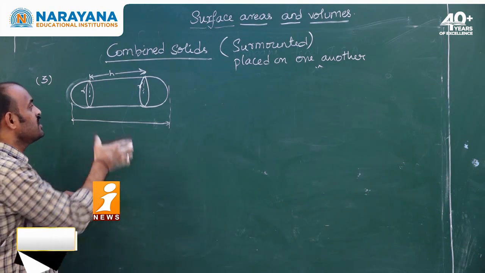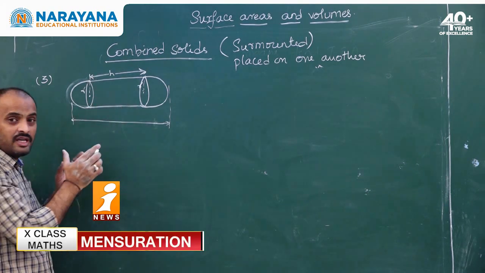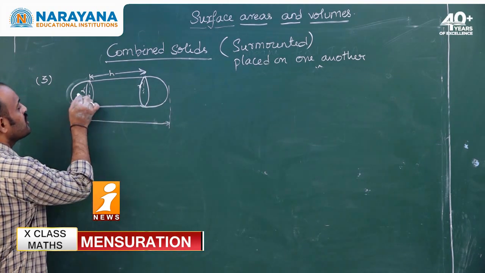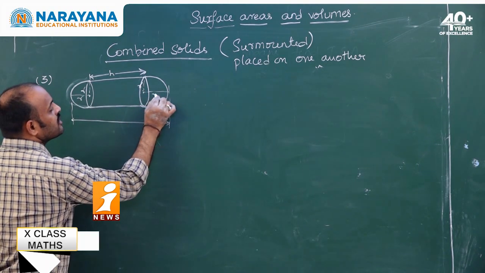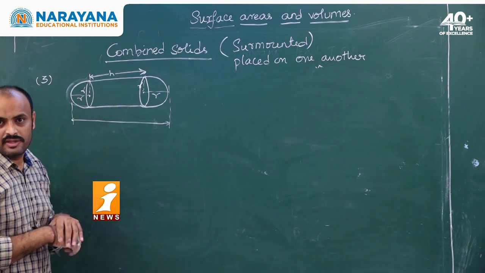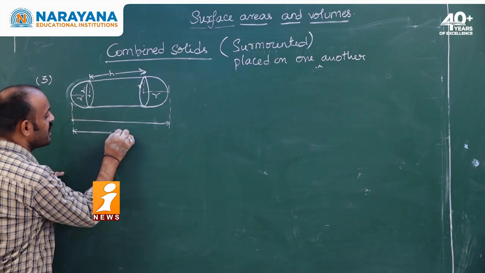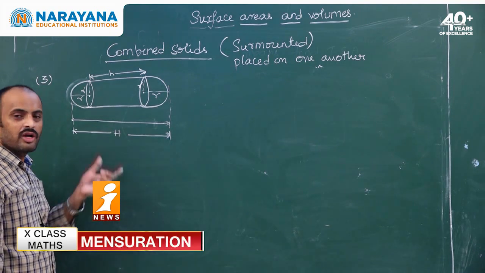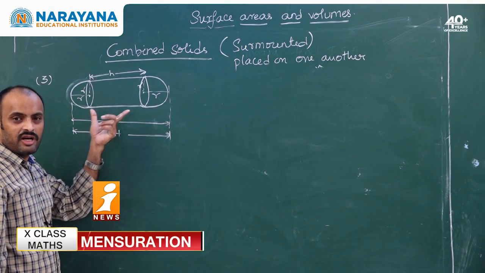So in that case, if at all you want to find the height of the cylinder from the entire length, you need to subtract the radius of each hemisphere. This is the entire height of the medicine capsule or gulab jamun or a combined solid.